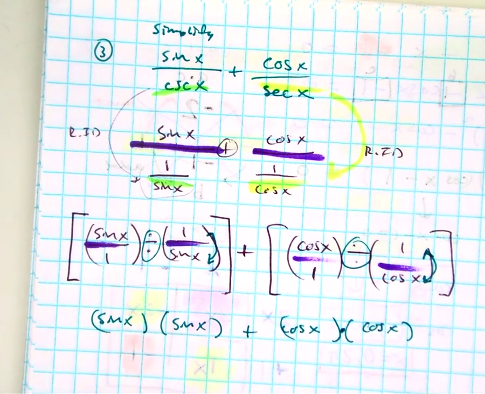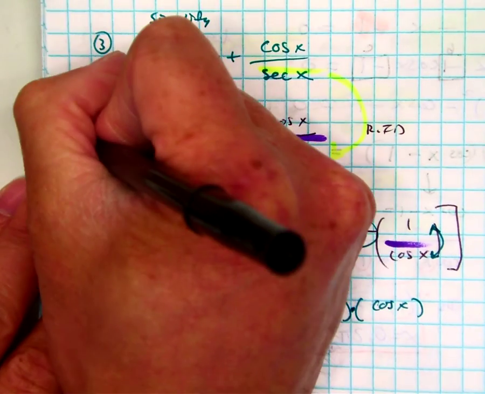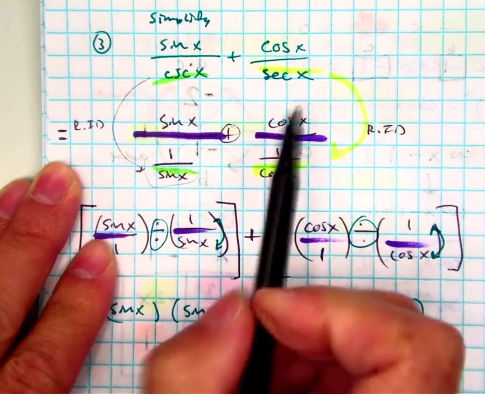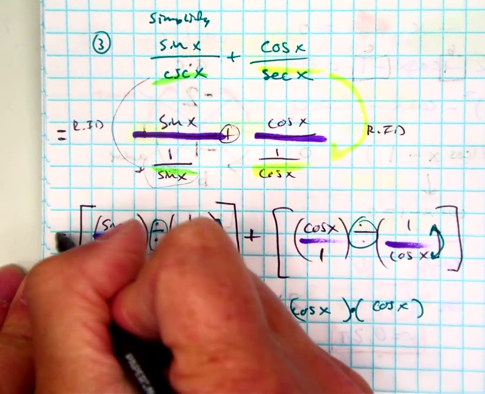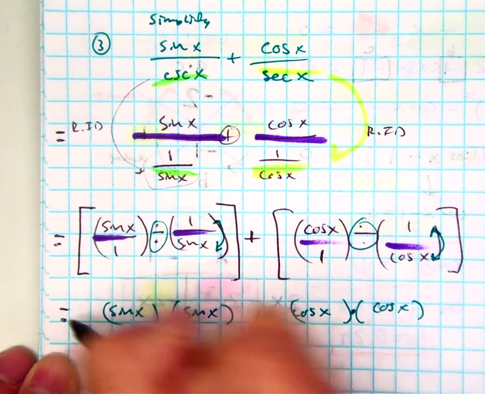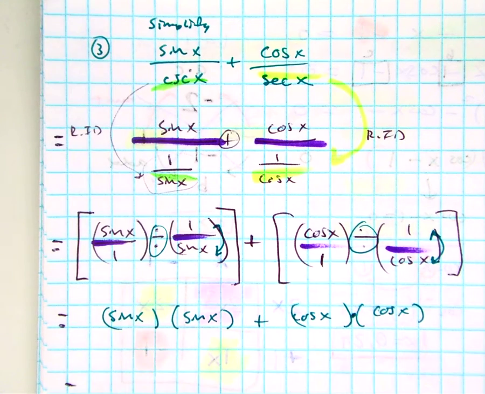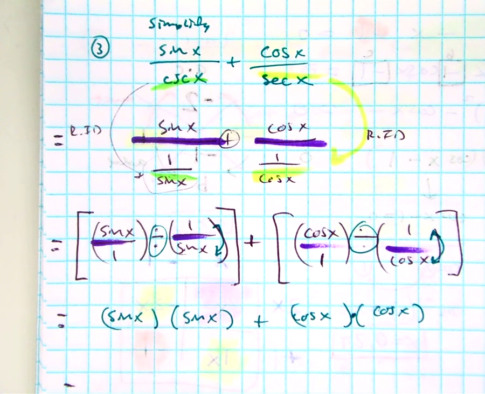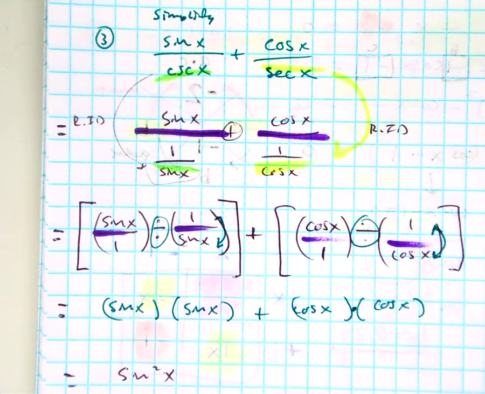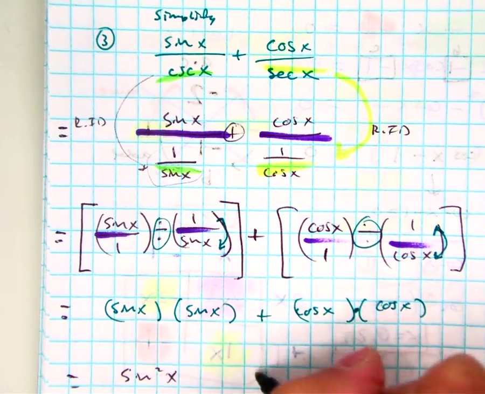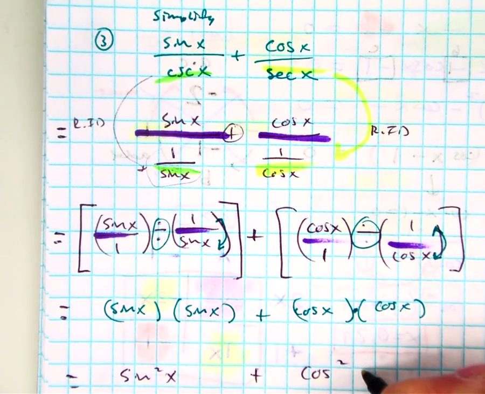Going back up, you have an expression, so I should have an equal sign out here. We're basically saying this original problem is equal to this, and then we're simplifying. Now you have sine times sine, which is sine squared x, plus cosine squared x.